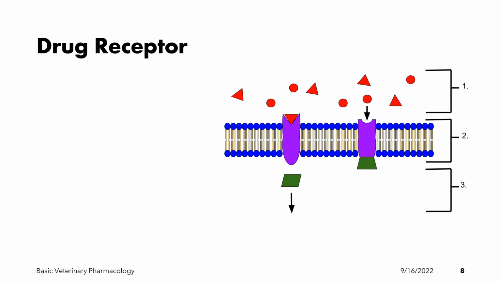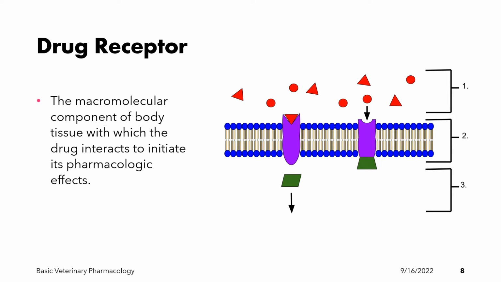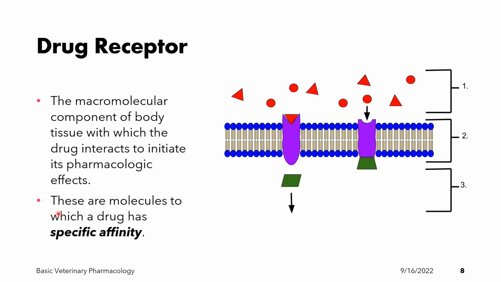Another definition of the drug receptor is that it is a macromolecular component of the body tissue with which the drug interacts to initiate its pharmacologic effects. These are molecules to which a drug has specific affinity. In this case, this particular drug has a specific affinity for this receptor because they have the specific complementary shape.